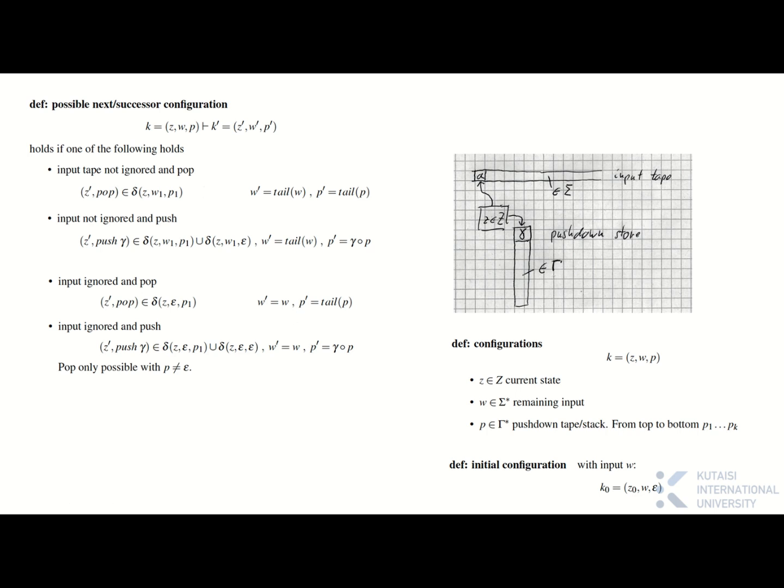You can do this. In a DFA, you're always advancing, but here, if you're not reading anything, you're not advancing, so your word stays the same. However, because of popping, you can pop this guy, unless the stack is completely empty. So you can pop without reading the letter, and you can also do the same with pushing.